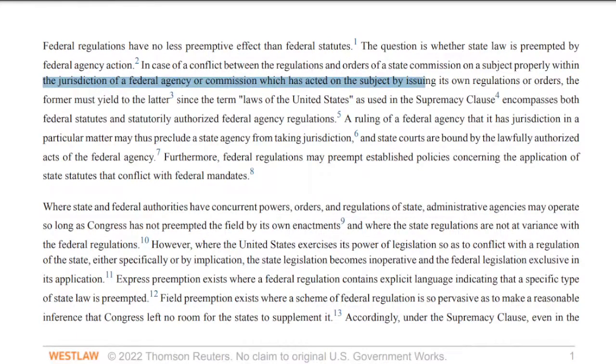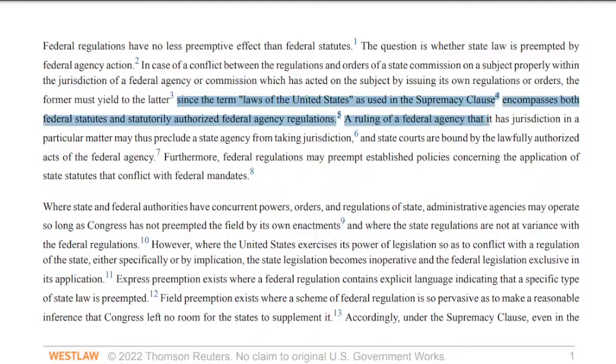Okay, so the federal agency or commission has acted on the subject by issuing its own regulations or orders. The former must yield to the latter. So the state commission must yield to the federal agency or commission. Since the term laws of the United States, as used in the Supremacy Clause, encompasses both federal statutes and statutorily authorized federal agency regulations. So codes of federal regulations also apply.